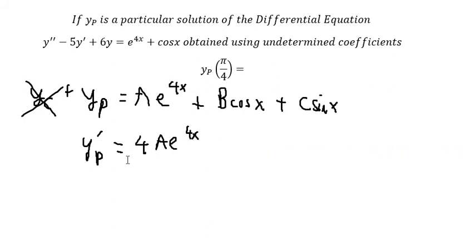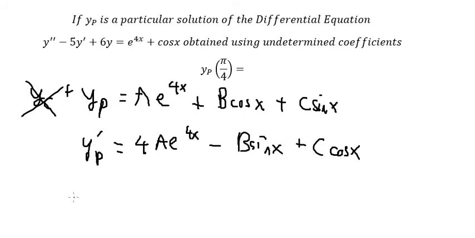So you got number 4, so we write number 4 in here. First derivative of cosine x, we have negative sine x. First derivative of sine x, we have cosine x.